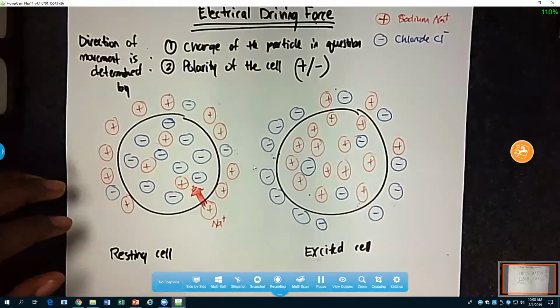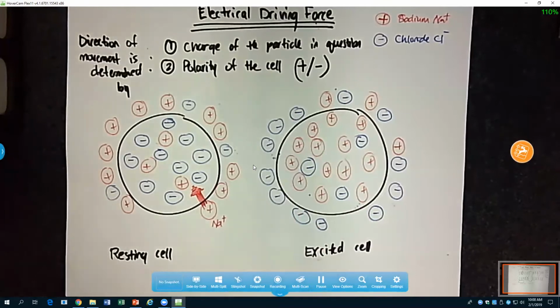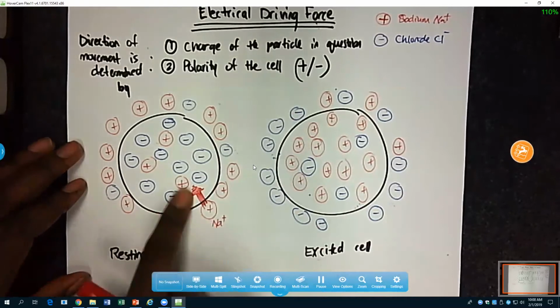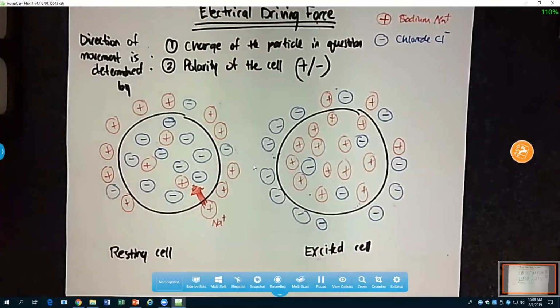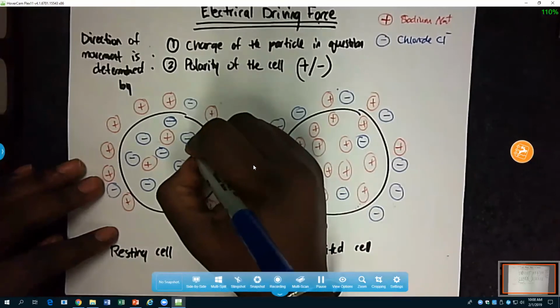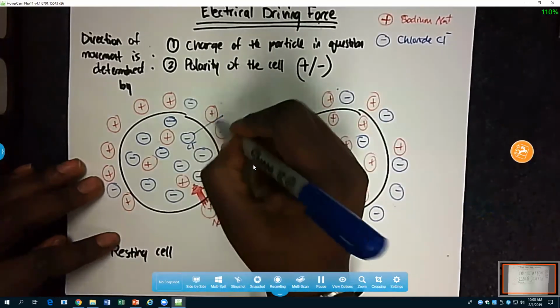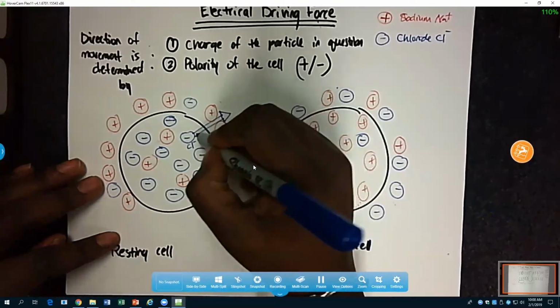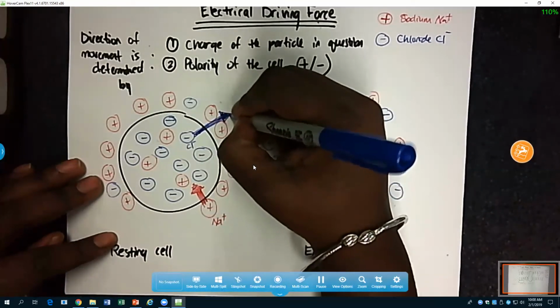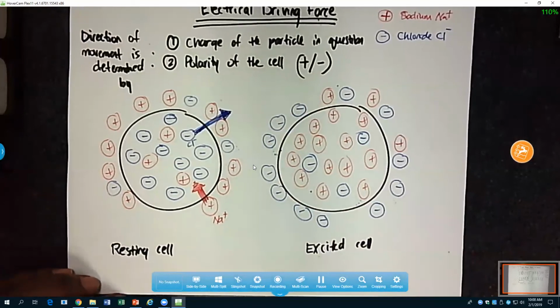So it wants to go from an area where it's mostly positive to an area where it's mostly negative. Those opposite charges are going to attract each other. And the reverse is true. Chloride wants to move outside the cell.